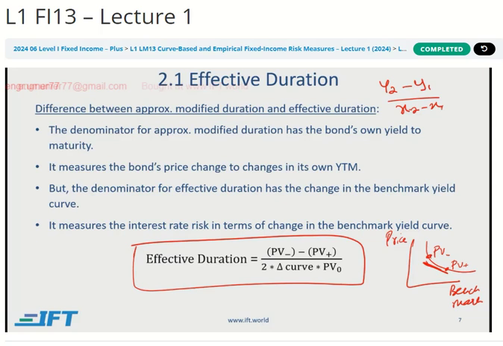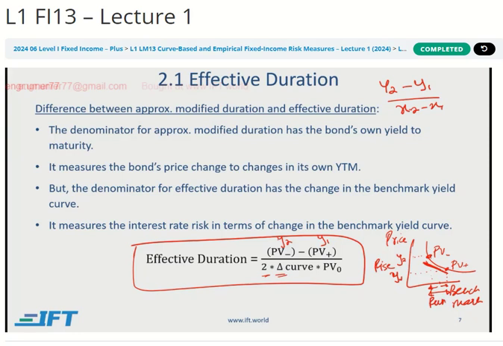And this is your y2, and this is your y1. So PV minus is your y2 and PV plus is your y1. And then in terms of the change in yield, it is going up and down, so that's why you're multiplying it by 2, because you get that entire distance. Basically you're calculating the rise over run.